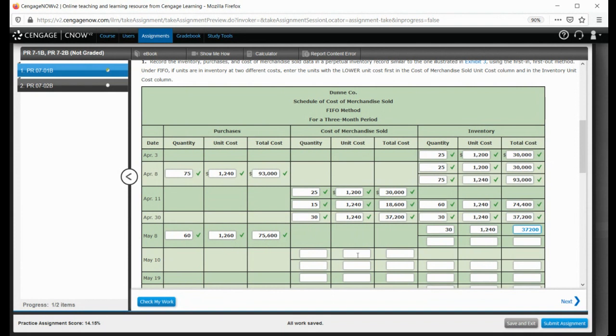We're going to bring across 60 units at the purchase price, which was $12.60, and we bought it at a price of $75,600.